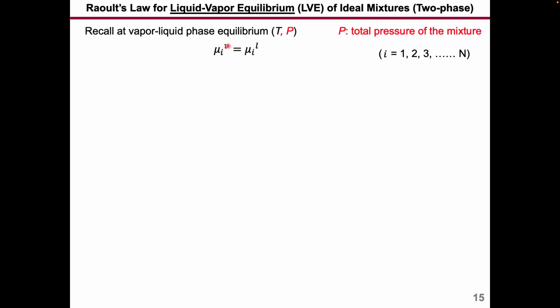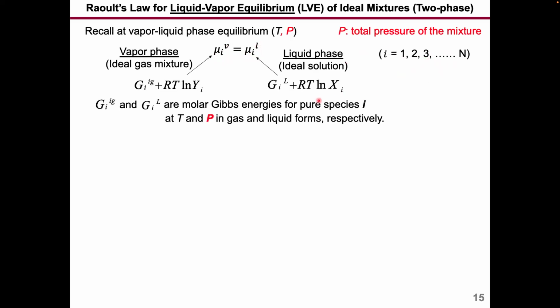So mu i V, V being the vapor phase, is equal to mu i L, L being the liquid phase. i again can be 1, 2, 3, all the way up to N. From the previous slide, remember the equation for chemical potential that I told you to keep an eye on. For the ideal gas mixture in the vapor phase, mu i V is G i G plus RT natural log y i. We already gave you that equation in the mixture slide. And mu i L is G i L plus RT natural log x i.